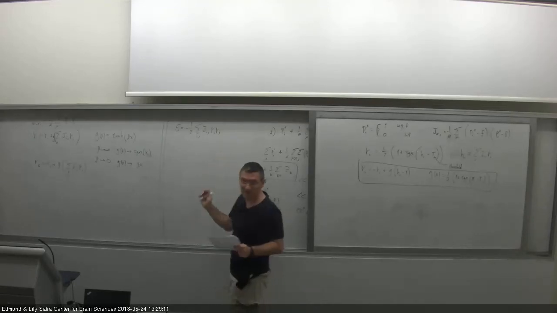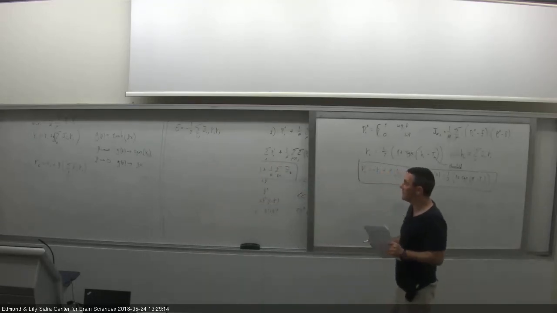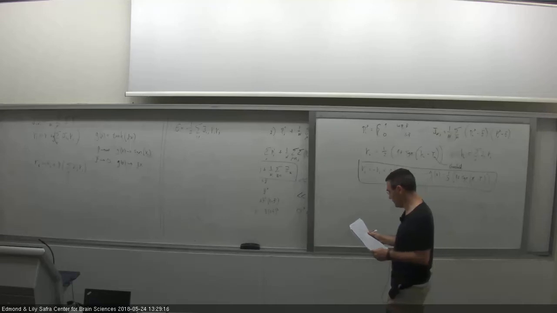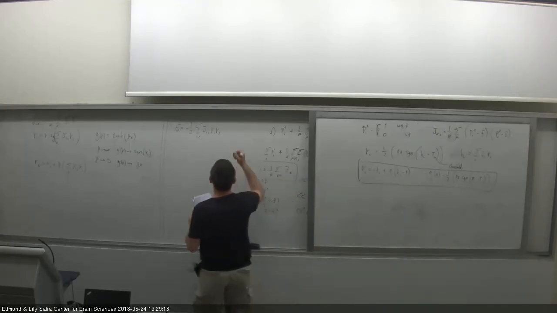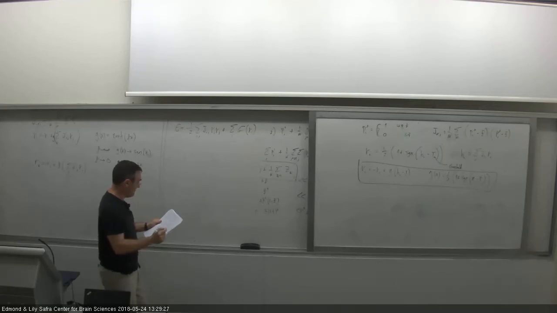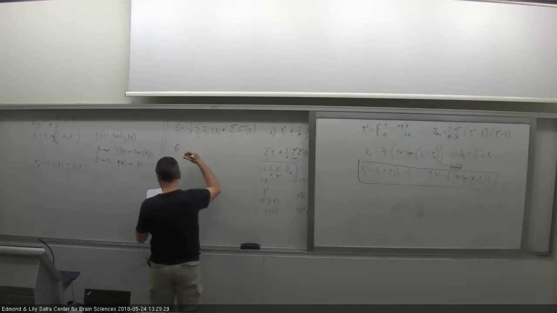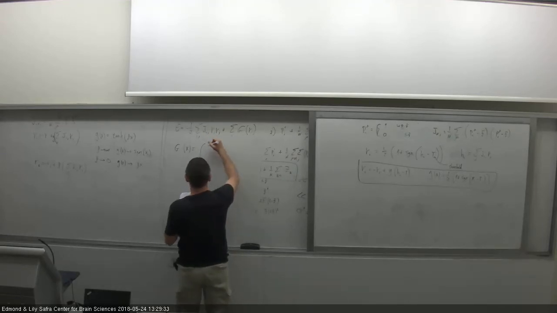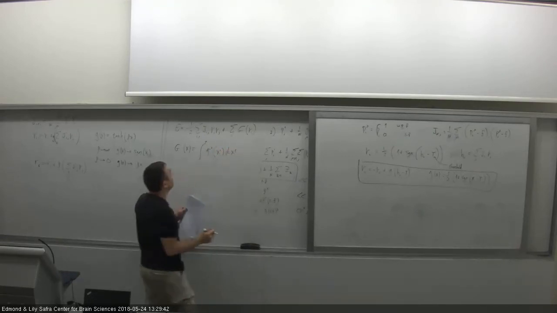There was an external input term that we don't care about at the moment because there's no external input, plus the sum over all neurons of a function that we denoted by capital G of ri, where G of x was an integral of g to the minus 1 of x prime dx prime.